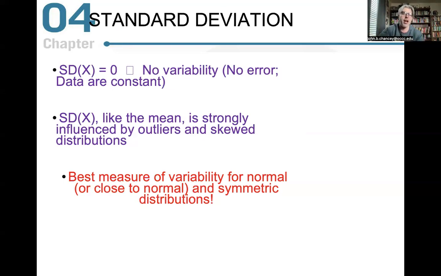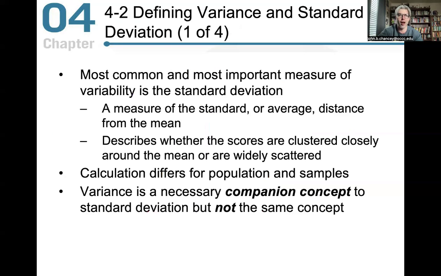There are those trade-offs. The standard deviation, though, is the best measure for normal or close to normal and symmetrical distributions. It tends to be the gold standard there, and it's probably the most common and most important measure of variability.